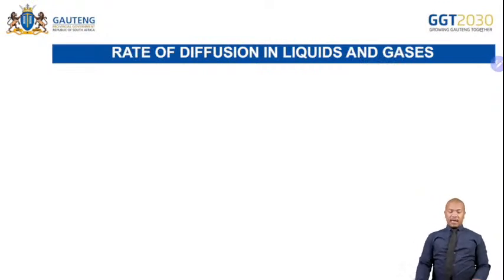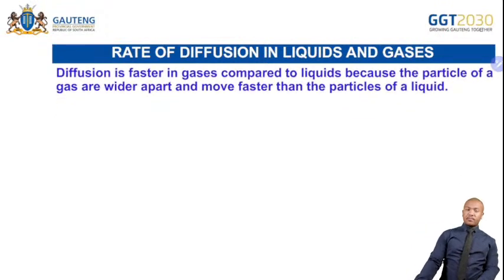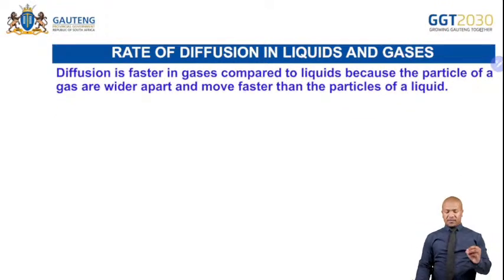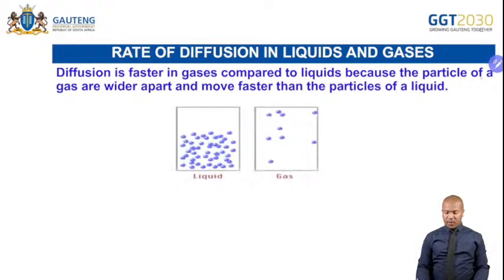Now let's talk about the rate of diffusion in liquids and gases, the speed at which diffusion takes place. We say that diffusion is faster in gases as compared to liquids. Why do we say so? Because the particles of a gas are wider apart and move faster than the particles of a liquid.